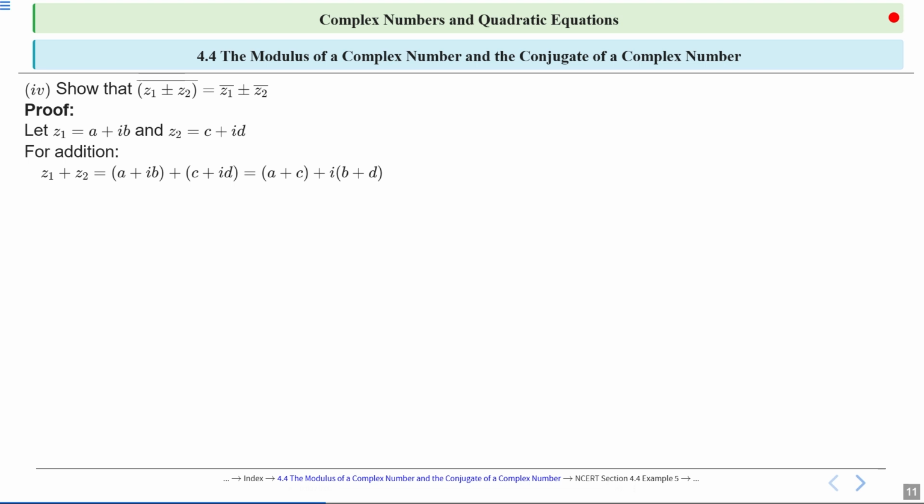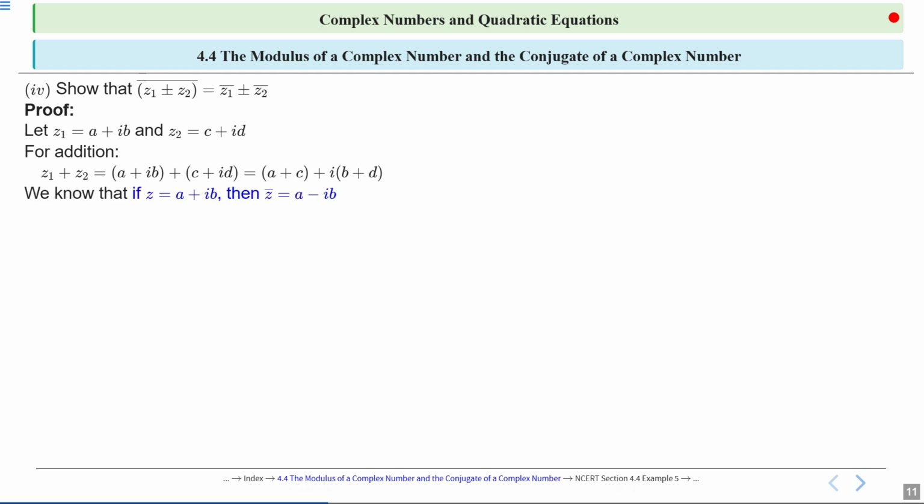Let's begin with addition. When we add z1 and z2, we get z1 plus z2 equals (a plus iota times b) plus (c plus iota times d). If we simplify it, we can write it as (a plus c) plus iota times (b plus d).